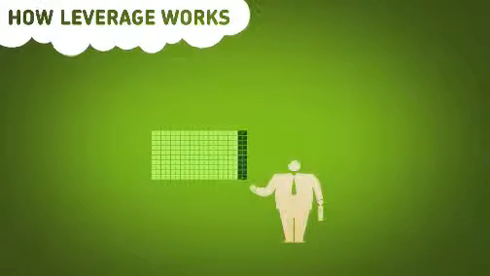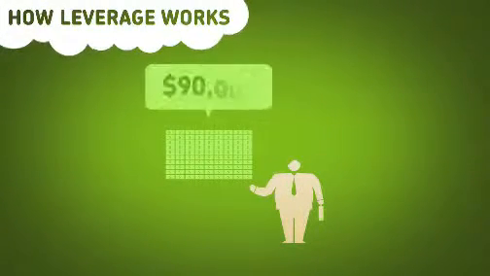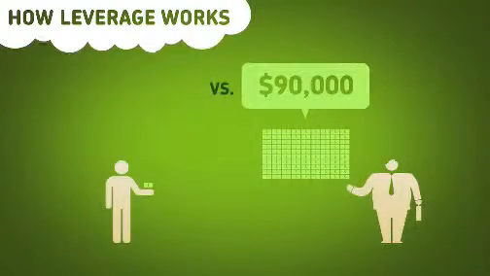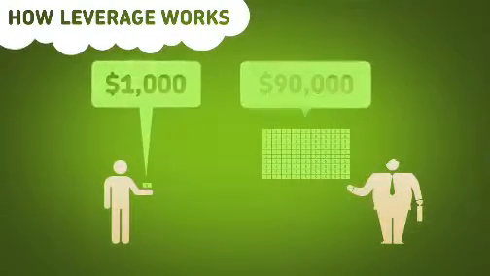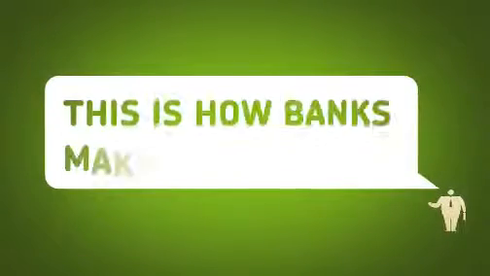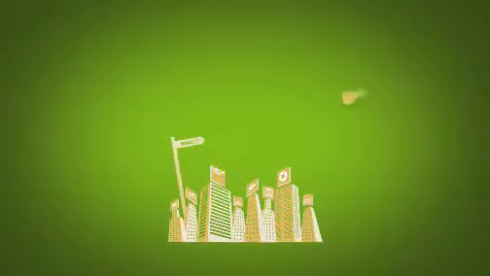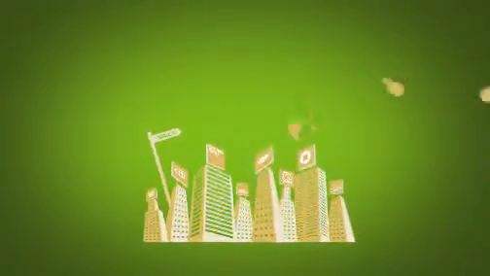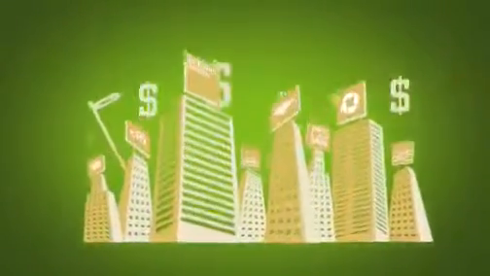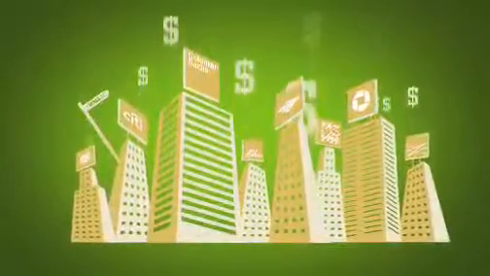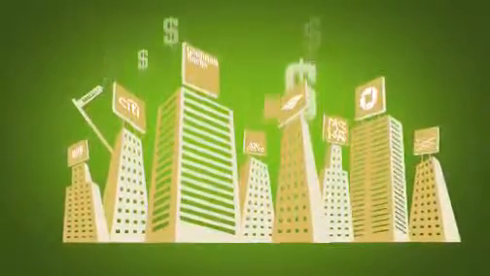And after his initial $10,000, he's left with a $90,000 profit versus the other guy's $1,000. Leverage turns good deals into great deals. This is a major way banks make their money. So Wall Street takes out a ton of credit, makes great deals, and grows tremendously rich, and then pays it back.